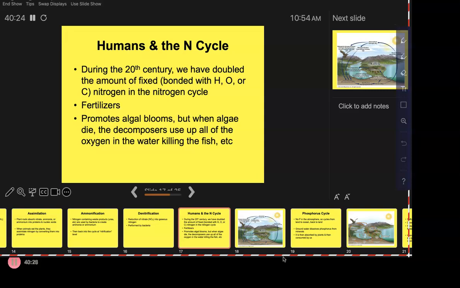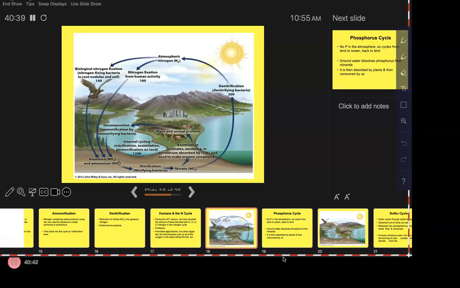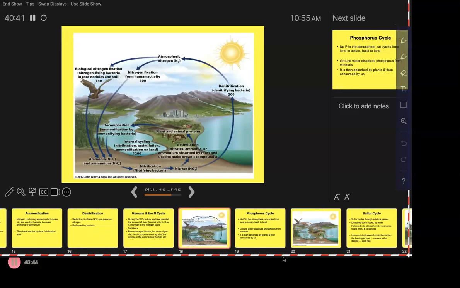And that's not a sustainable level. So they inevitably die, and then other organisms start to break them down. It's a mess.